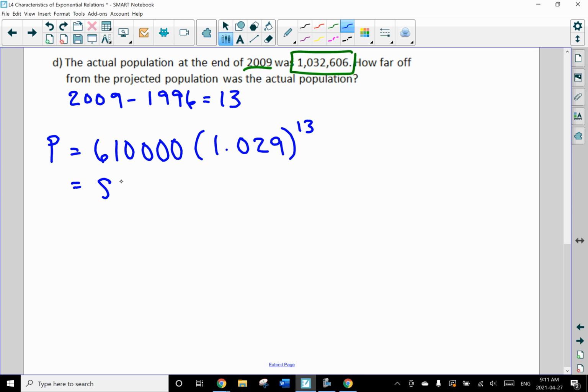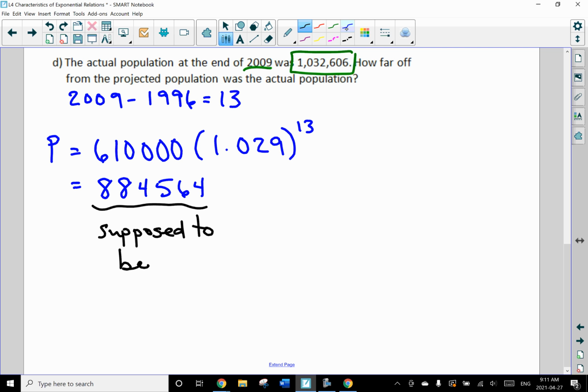And we get 884,564. So this is what it was supposed to be. And this is what it was actually. So it's supposed to be 884,564. And it was actually like 1,032,606.